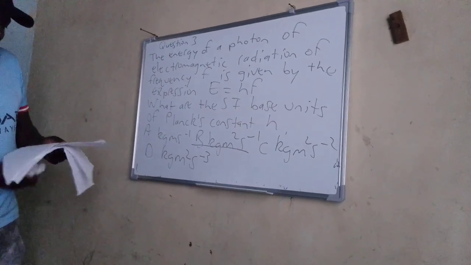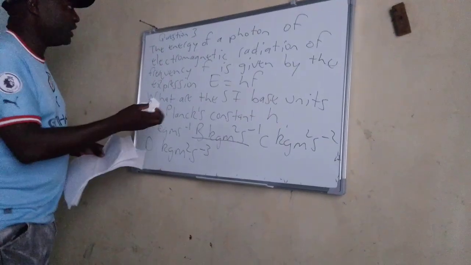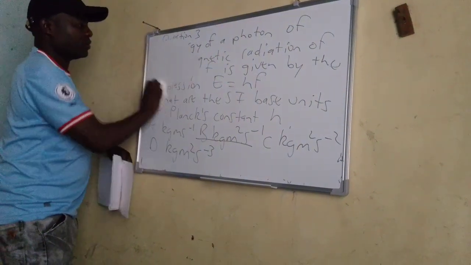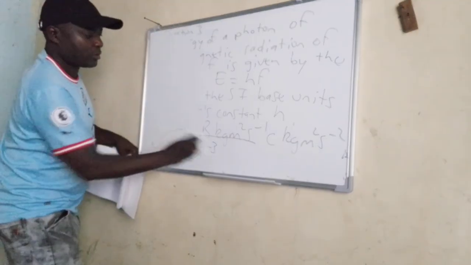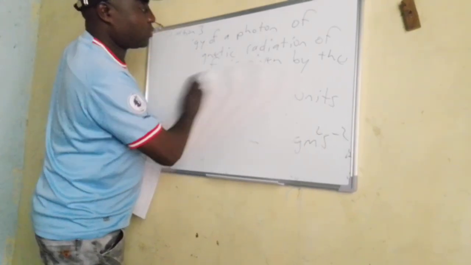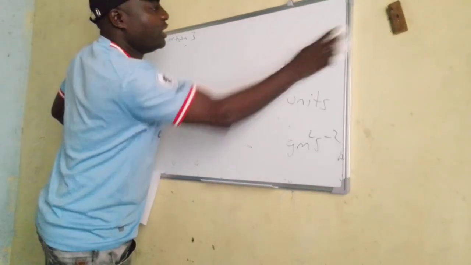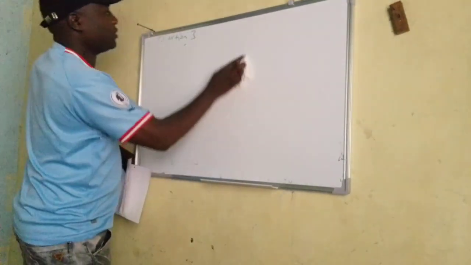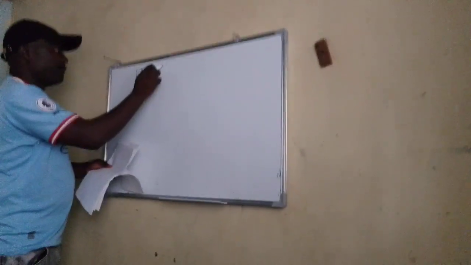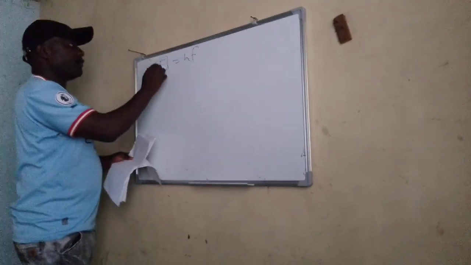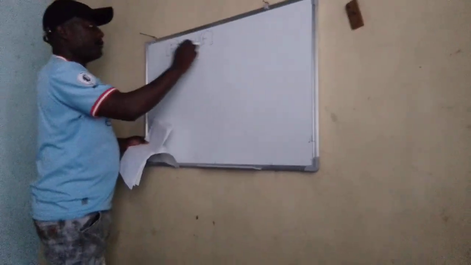We can simply explain why the answer is B. We have E is equal to hF. So the unit for E, we want the unit for Planck's constant.